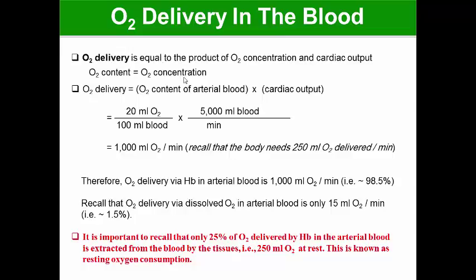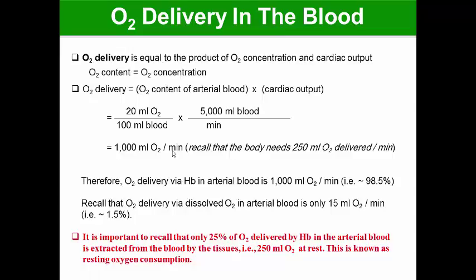So oxygen delivery in the arterial blood is the oxygen content of the arterial blood multiplied by the cardiac output. The oxygen content of the arterial blood is 20 milliliters of oxygen in each 100 milliliters of the blood, and the cardiac output is 5,000 milliliters of the blood each minute, which is 5 liters. So we have 1,000 milliliters of oxygen per minute that can be delivered to the tissues.